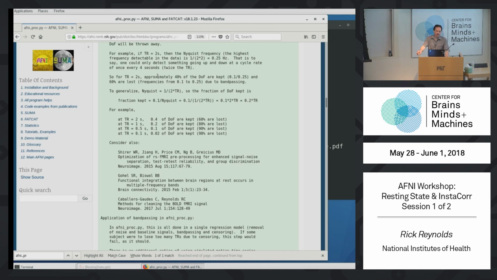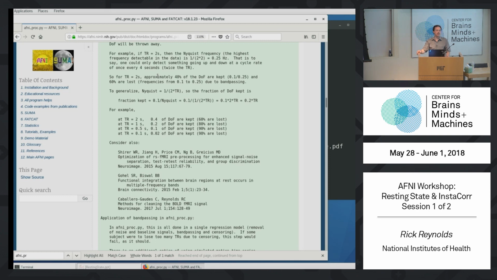And it's fast enough because we don't bandpass and censor with 3dDeconvolve directly. It just makes a matrix for us. There's a 3dTproject program that we use because you're just projecting out this stuff, and that's much faster. Anyway, so that's my bandpassing rant.